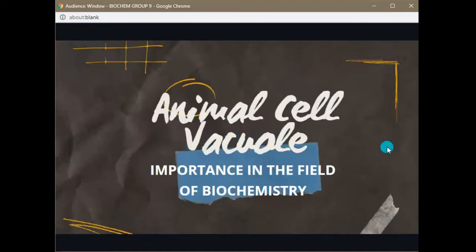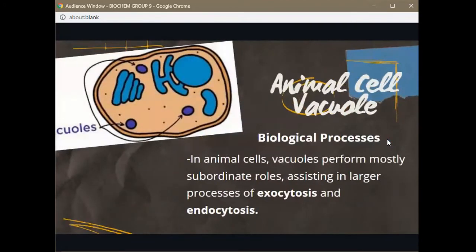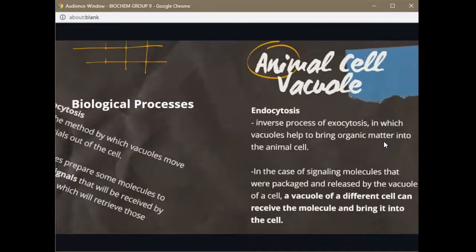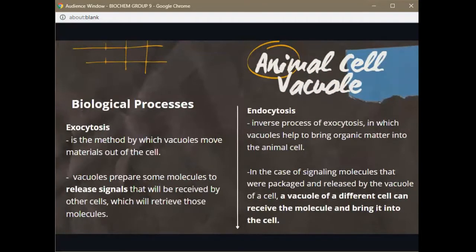Next is the importance of animal cell vacuole in the field of biochemistry. In animal cells, vacuoles perform mostly subordinate roles, assisting in larger processes of exocytosis and endocytosis, which are the transportation of materials. Exocytosis is the method by which vacuoles move materials out of the cell.